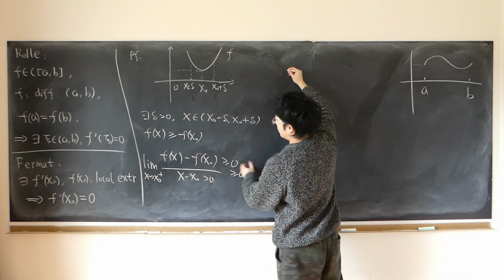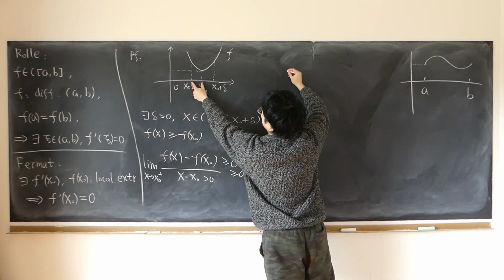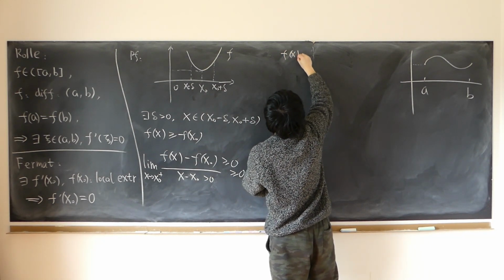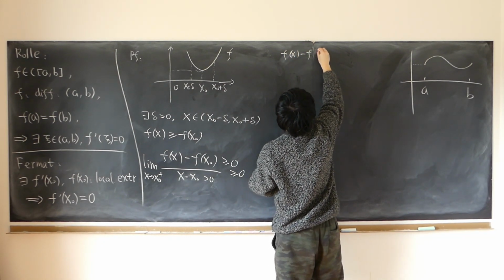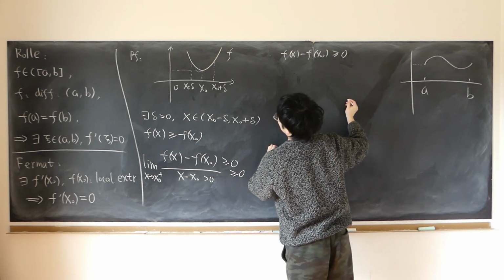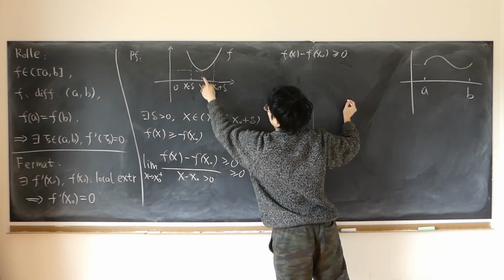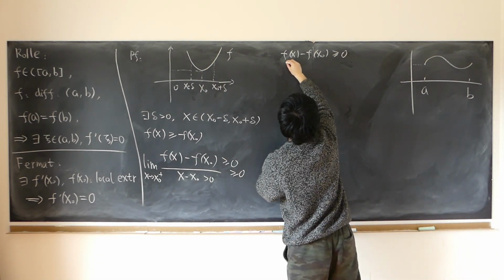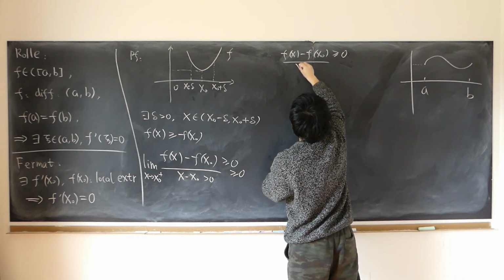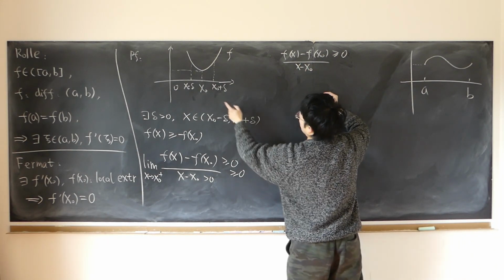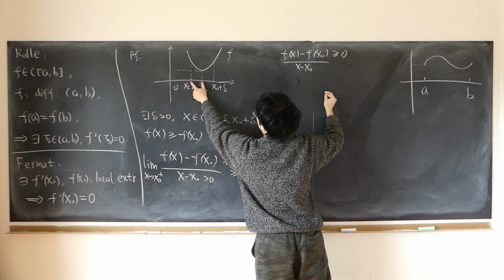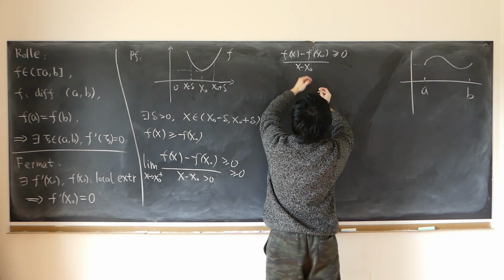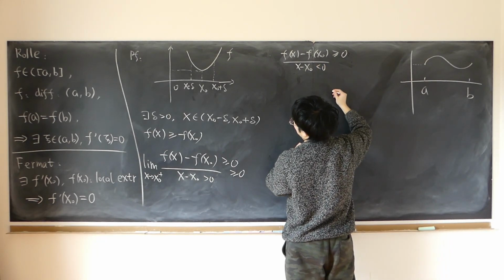Likewise, if we let x live in this left-hand side open interval, then f(x) minus f(x0) is still non-negative, because the functional value at x0 is already the local minimum. And if we divide by x minus x0, remember, in the left-hand side neighborhood, x minus x0 has to be negative.